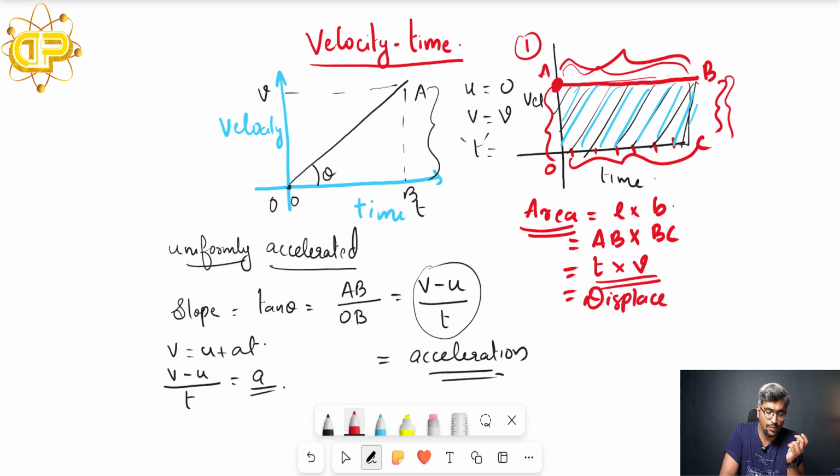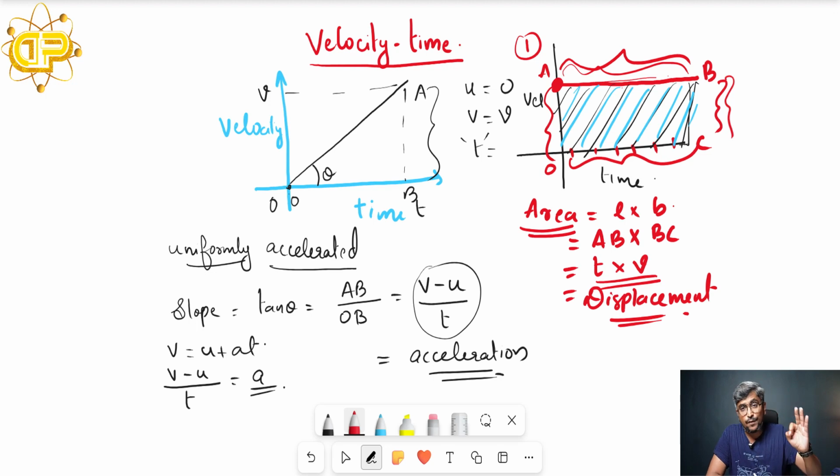Here comes the next very important information that you get in a velocity time graph. That is, the area under a velocity time graph will give you the displacement. So what all information are you getting? First, whether it is a uniformly accelerated motion or non-uniformly accelerated motion. The second one is that if you're finding out the slope, then you will get the acceleration.